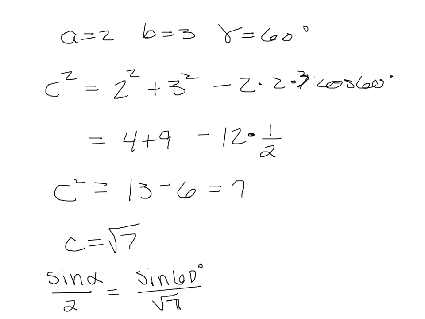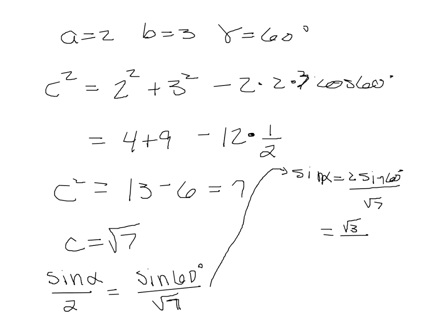So sine alpha equals 2 sine 60 degrees over the square root of 7, which is the square root of 3 over the square root of 7.